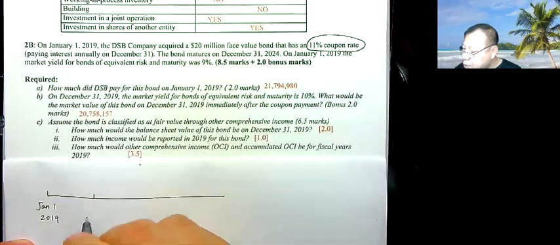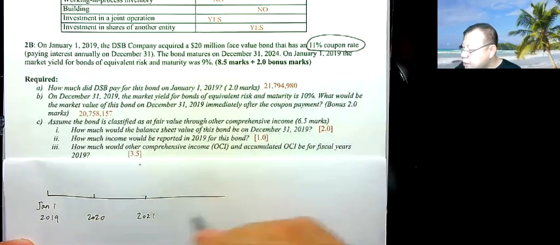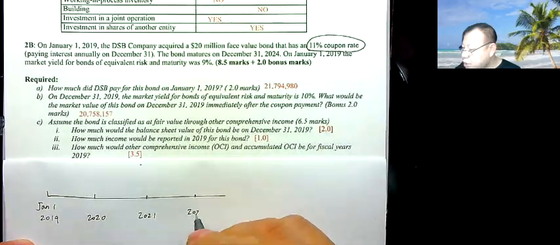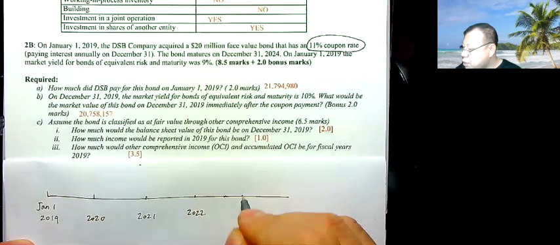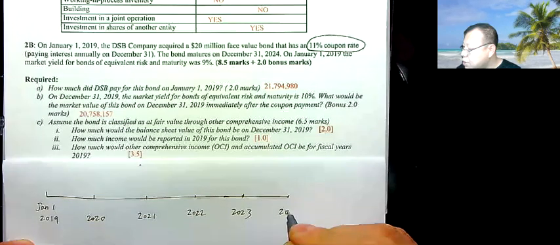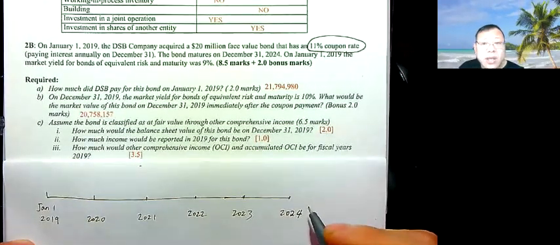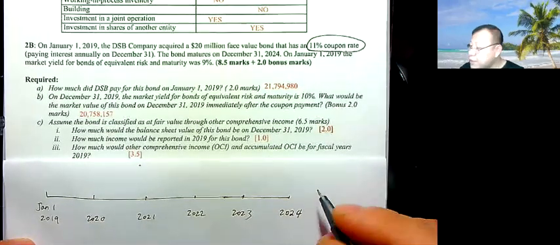2020, 2021, 2022, 2023, 2024. So the bond matures December 31st.